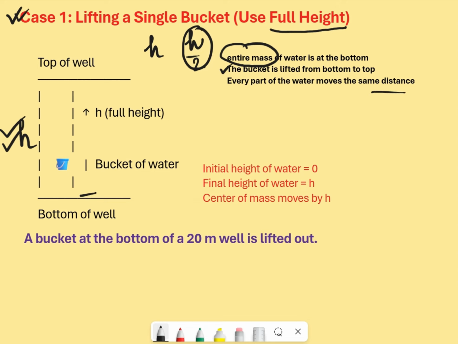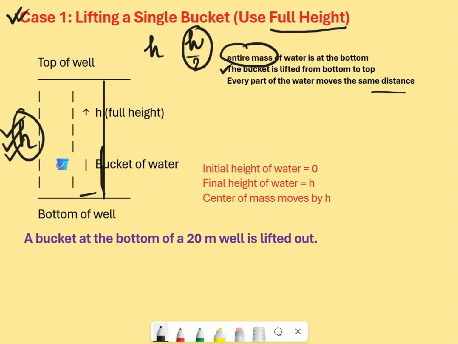It means if you install a pipe, say at here, and you are lifting all the water, it will go through or exit from this pipe. Indeed, we also use the value of total height or the full height.